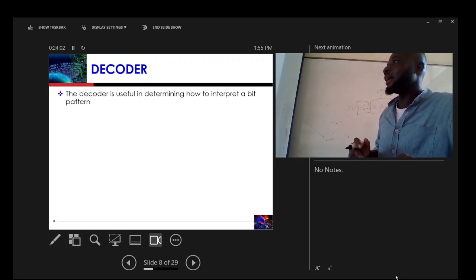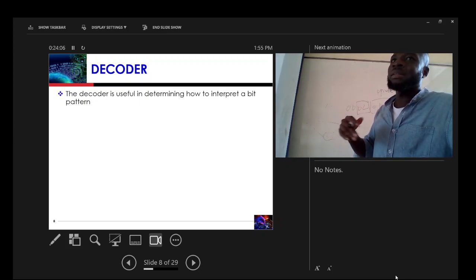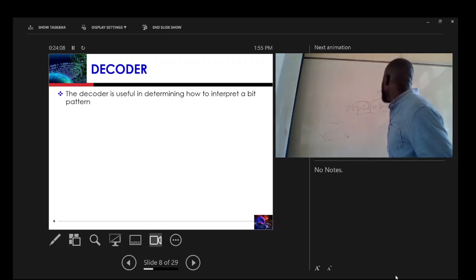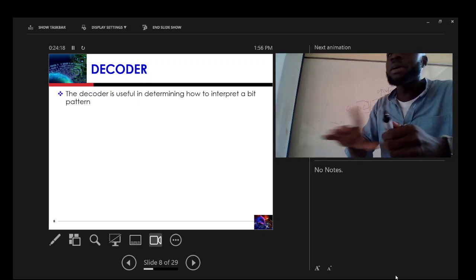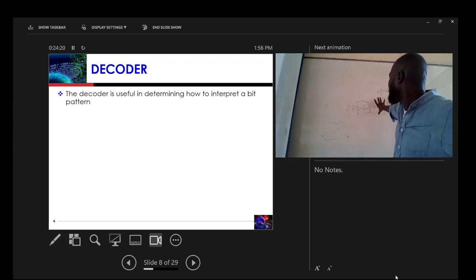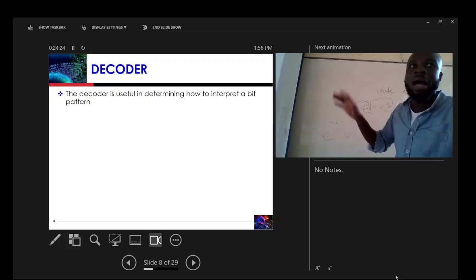Now your CPU can do an AND operation. It can do probably AND or XOR, add, sometimes multiply, divide, it depends, and a lot of other operations. These operations depend on the opcode. So how would you know that? I can use a decoder.